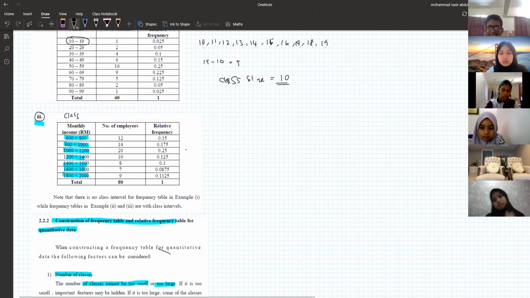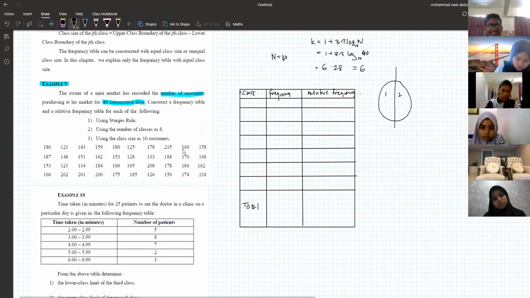Now to determine the class size for our frequency table, we need to determine the highest value.